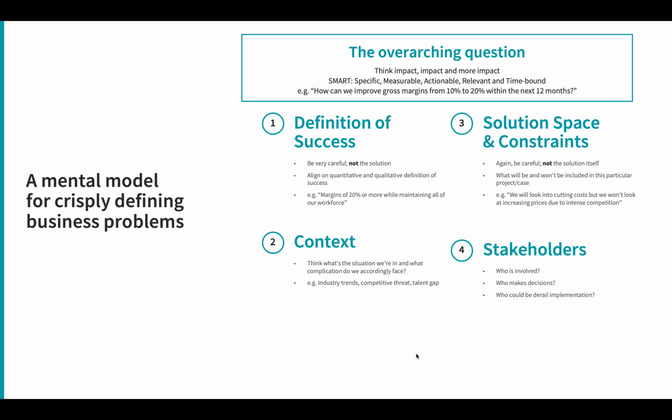And by the root cause here, don't misunderstand me, I don't mean the actual on-the-ground thing, but the high level reason or bucket that this falls under. So the overarching question should be impact focused, it should be SMART, and within SMART, the T is time bound. Please do not forget time bound, because it's really important and most people forget it.